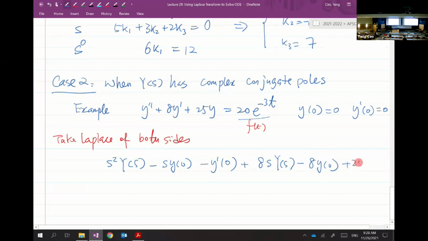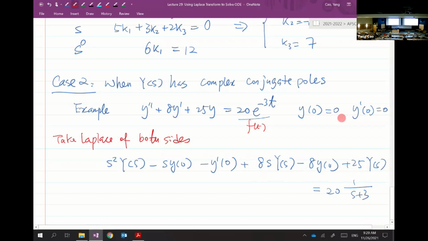And then 25 Y of s. And the whole thing equals the other side. The Laplace of this exponential is 1 over s plus 3. And that's the result of the Laplace transform.